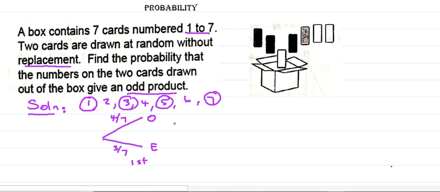Now in our second draw, we have our 2 branches again. But in this draw, remember, we are not replacing a card. So again, we can either get an even or an odd outcome.